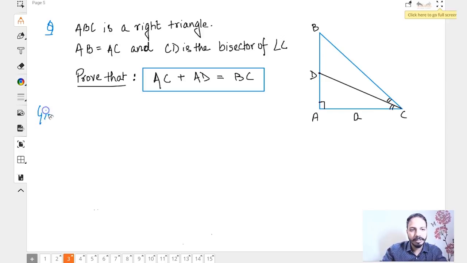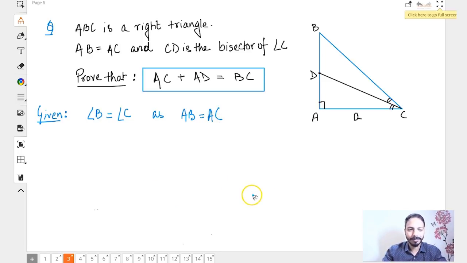So it's given that AB is equal to AC. That means angle B is equal to angle C, as AB is equal to AC.